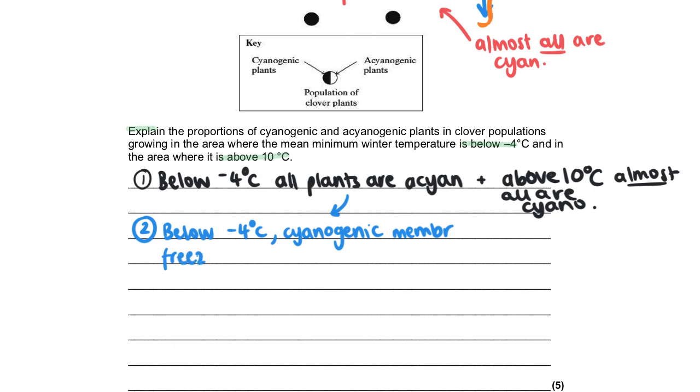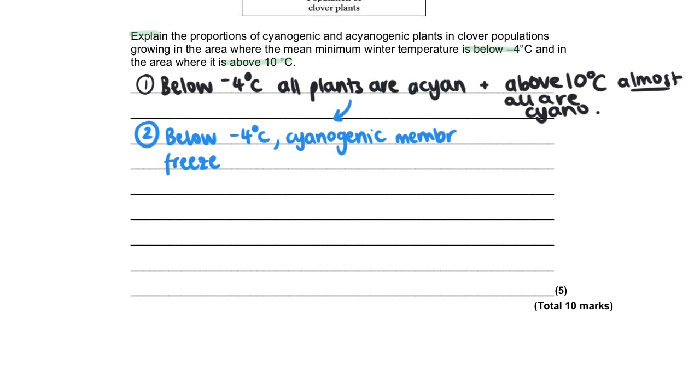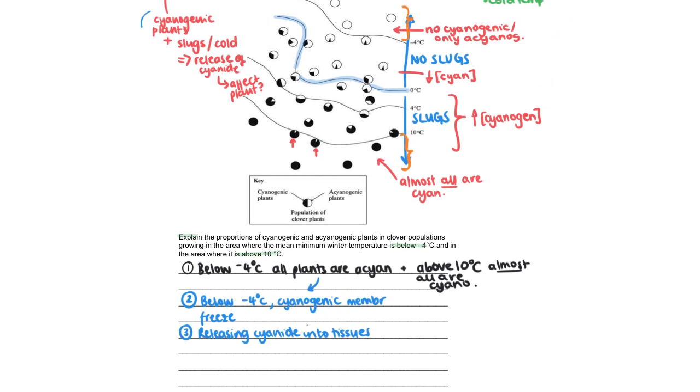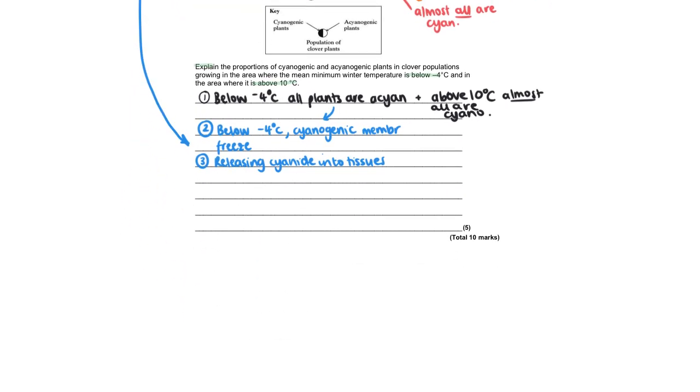Okay, we know that when membranes freeze, they become much more solid due to that phospholipid bilayer, and this is going to have the effect of releasing cyanide into the tissues. If we're not sure where we got this detail from, remember in the stem we said that cyanogenic plants plus slugs or cold causes the release of cyanide, and we've questioned already whether that's going to affect the plant.